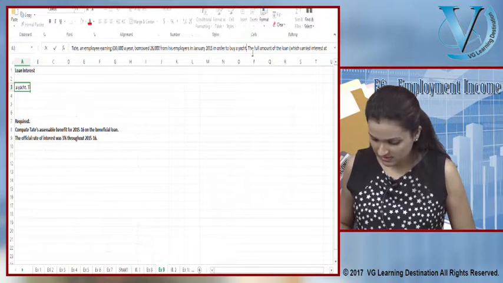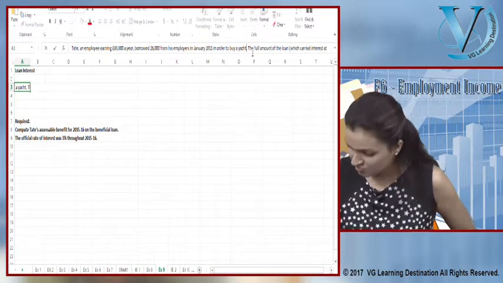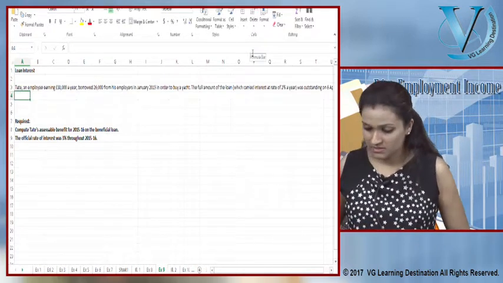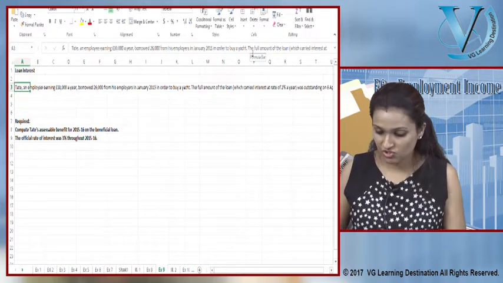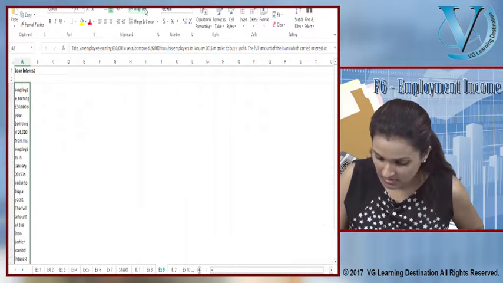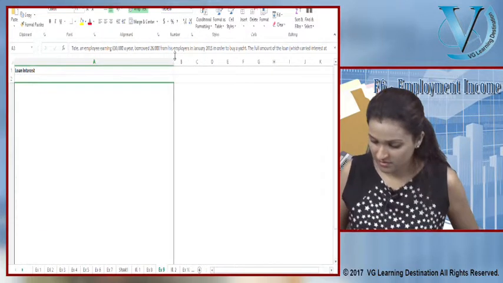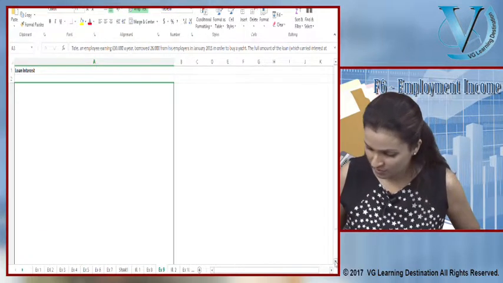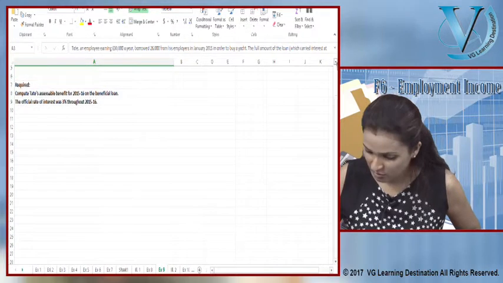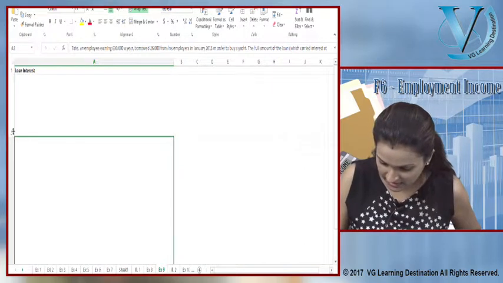Let me just bring it down to the next sheet. Oh dear, okay, let me just wrap text here and make it broad enough. Oops, what have I done? Lost the question itself, right? Let me just squeeze it.